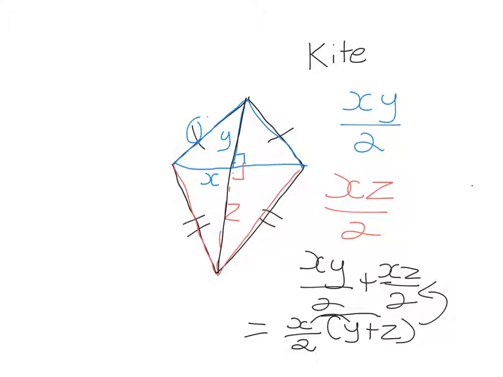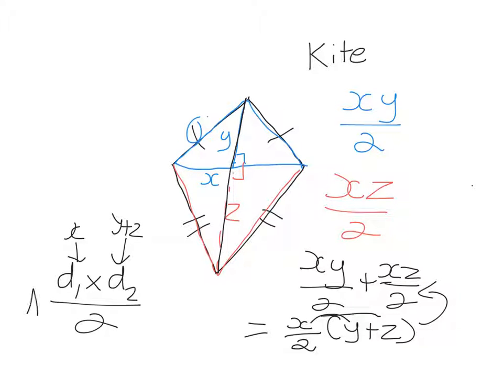So the area of a kite is the first diagonal times the second diagonal, so this was x, and this was the whole line y plus z, divided by 2. So the area of a kite is just the product of both diagonals divided by 2.